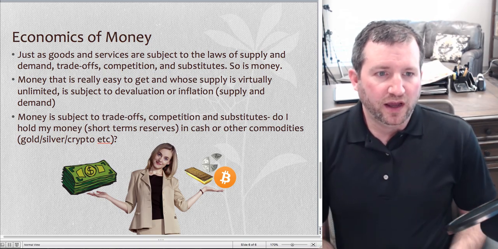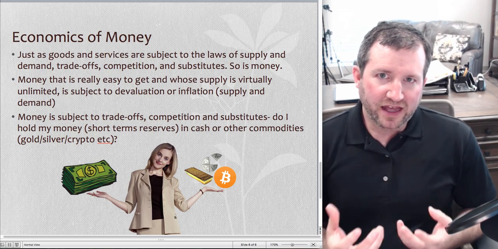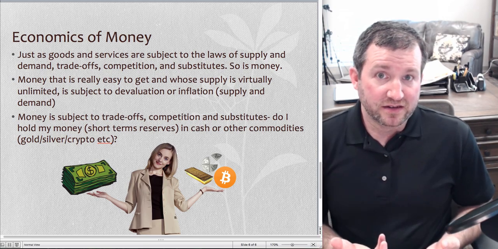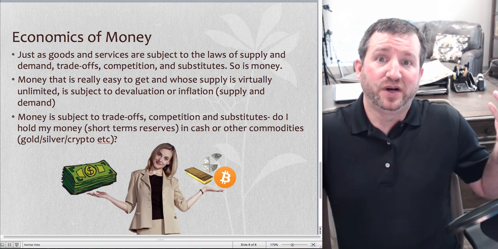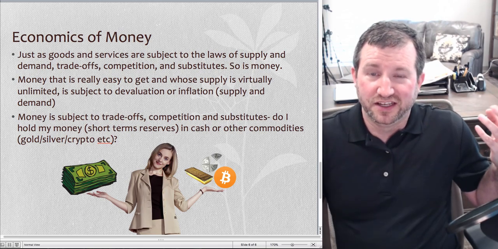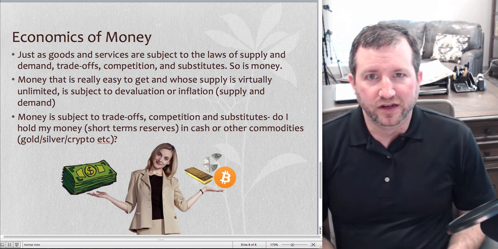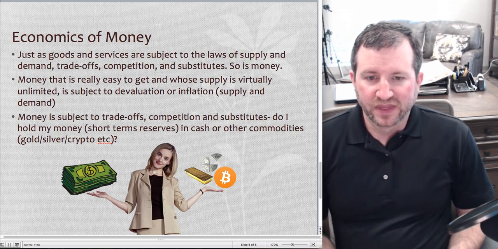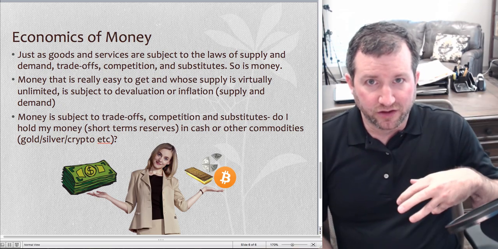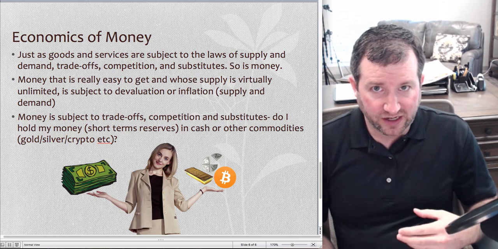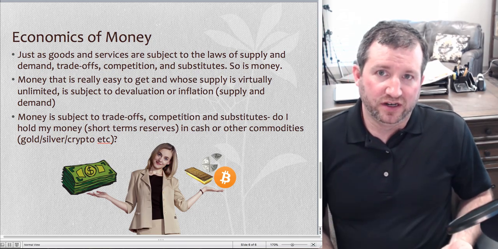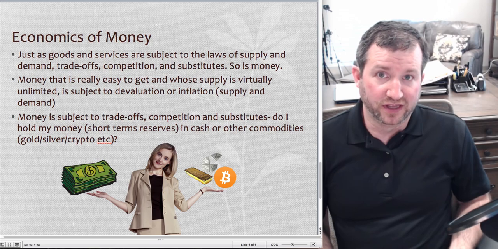And so think about it if you apply supply and demand to money. What if there's a huge supply of money? What happens then? Let's say everybody has $100 in their checking account, and the government came and deposited another $100 in everybody's checking account. Has the government created any new wealth by doing that?